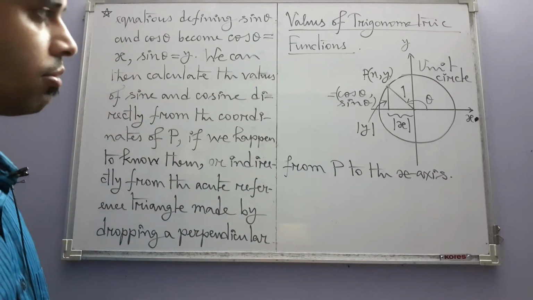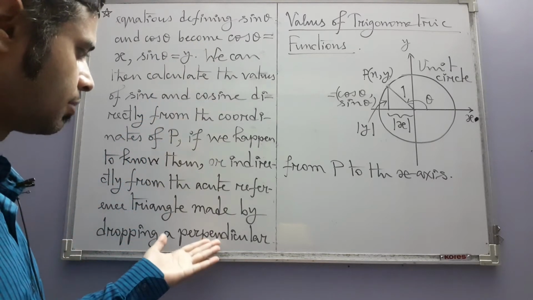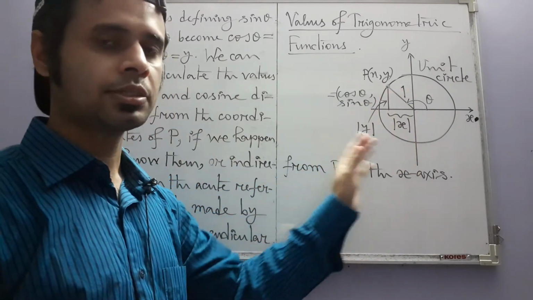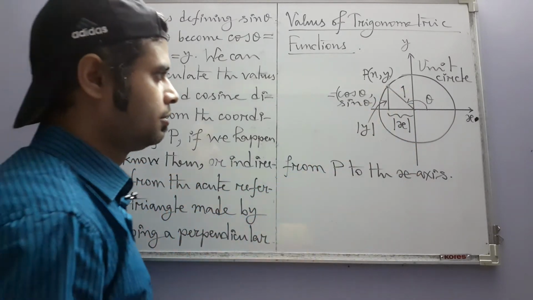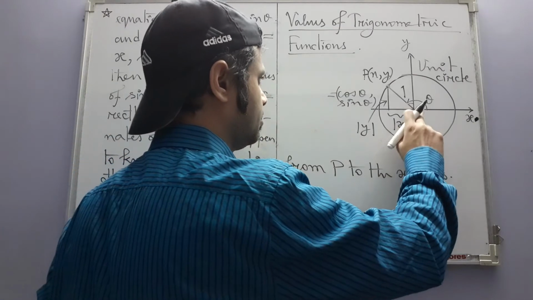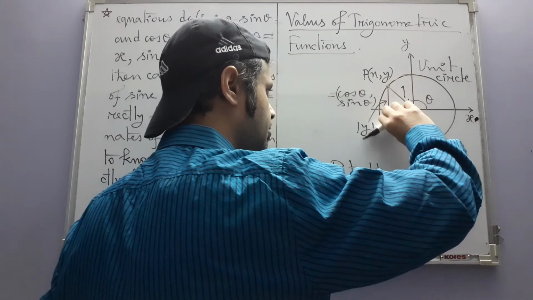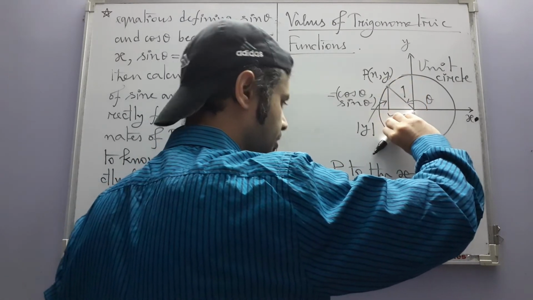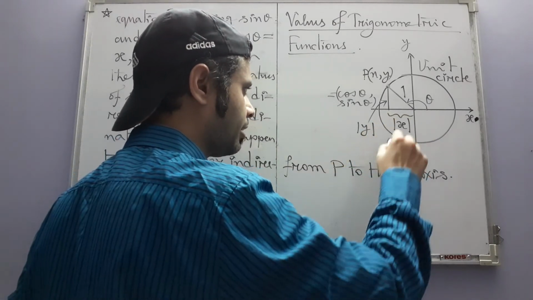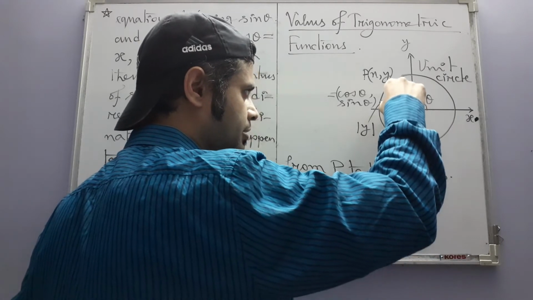And note that although it seems like we have been writing down this entire discussion just for this particular figure, the discussion is general. If your terminal ray is not here, say it is here, then also this discussion is applicable. In that case, your point P will lie here, and the perpendicular you will draw from that point to the x-axis will be this.